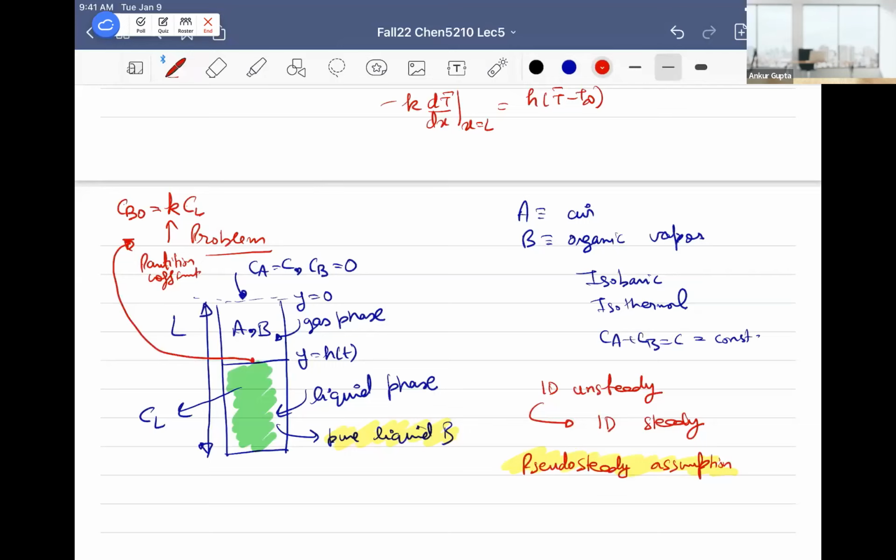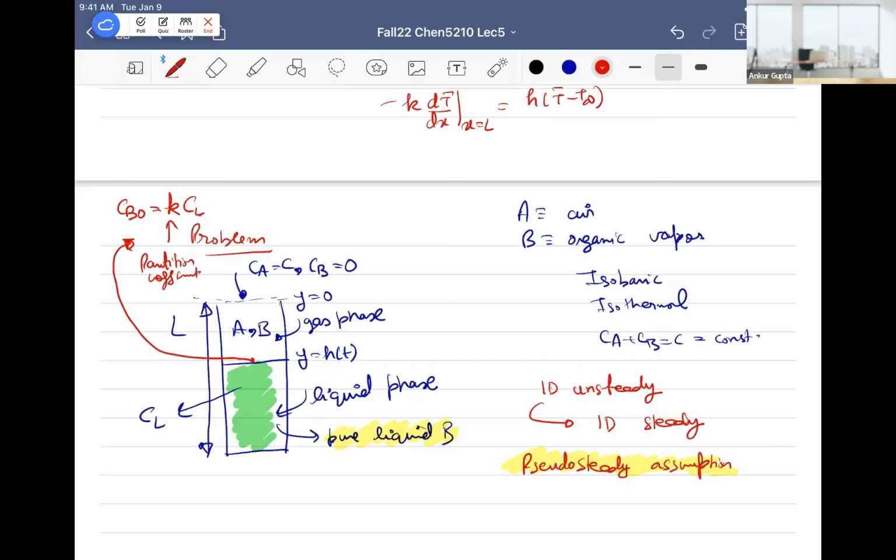At each instant when the acetone is evaporating, the diffusion profile is always set. It is not changing. Diffusion profile develops on the order of a few seconds, whereas the acetone evaporates over an hour.